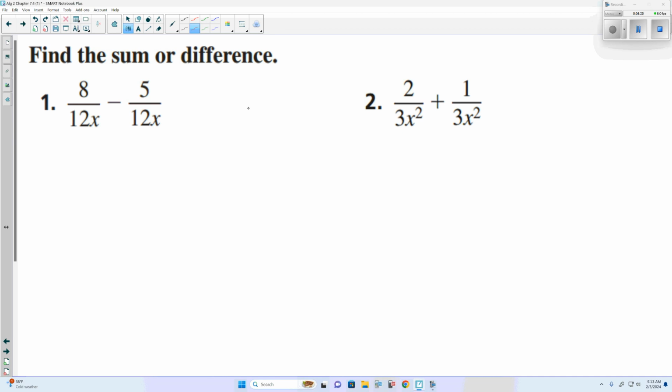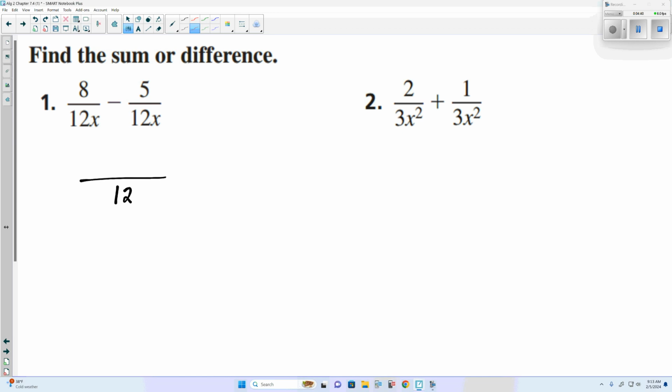But to be able to subtract or add rational expressions, the denominators have to be the same, yes? So if I reduced the 8/12x, the denominators would not be the same anymore, and we could not subtract. So we're going to leave them alone for now.